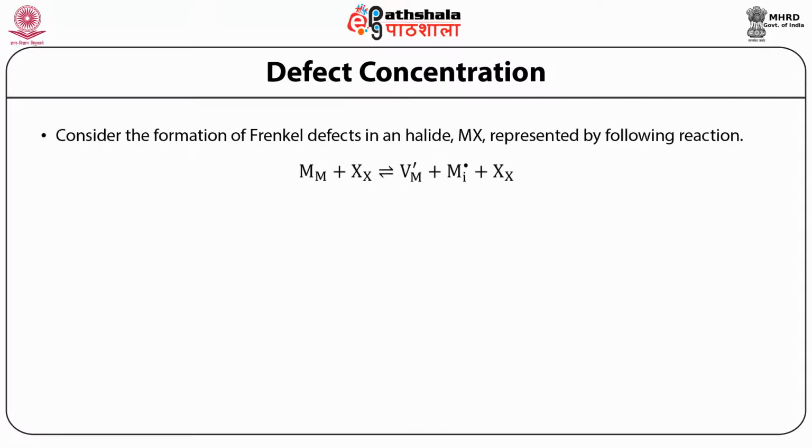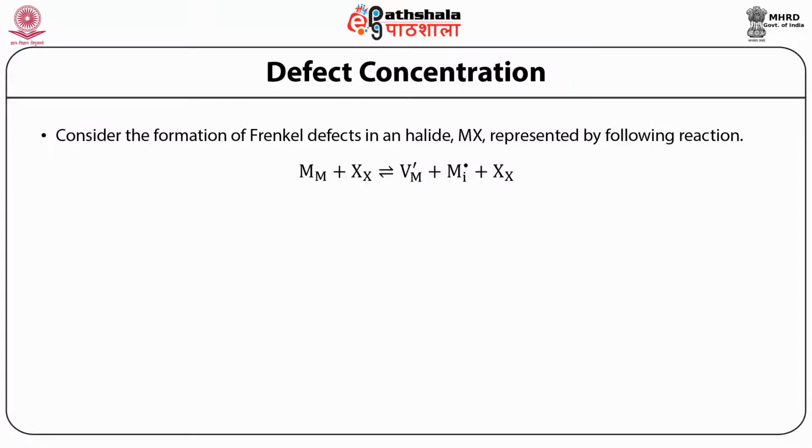Let us consider the formation of Frenkel defects in a halide, MX. The guiding equation will be Mm plus Xx gives Vm prime plus Mi star plus Xx.